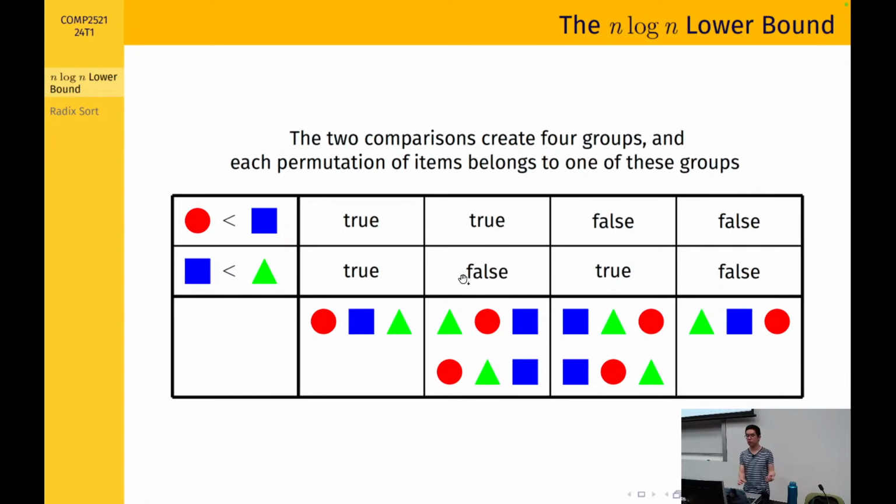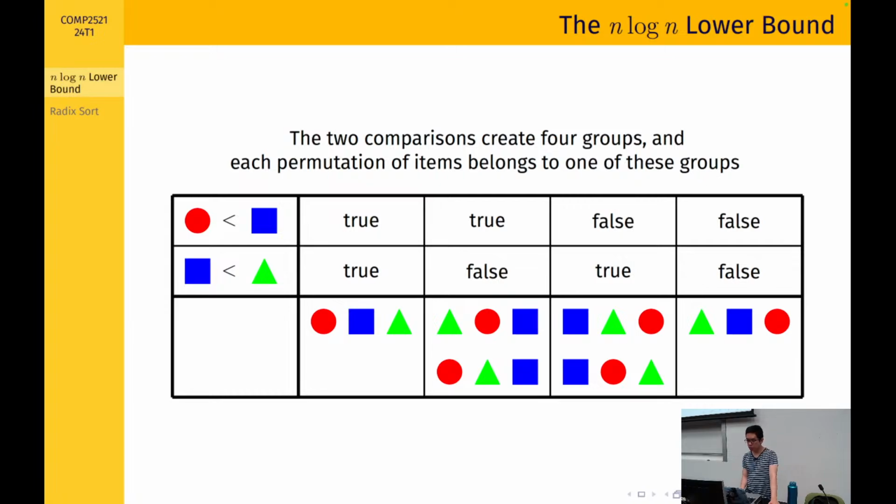And since there are 2 possible permutations, we don't know which one is the correct sorted order. We don't have enough information yet. We would need to compare this triangle and circle in order to tell us which one is the correct order. And same for if the first comparison is false and the other one is true. If both comparisons are false, then we only have one possible result.